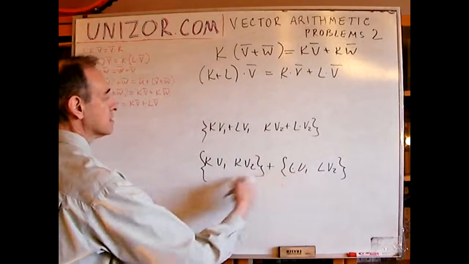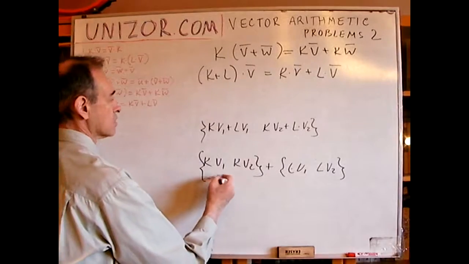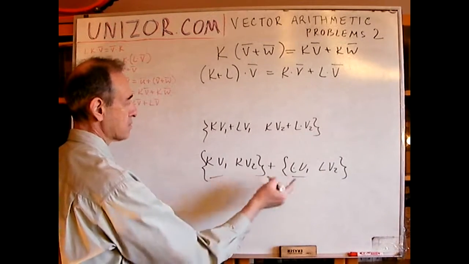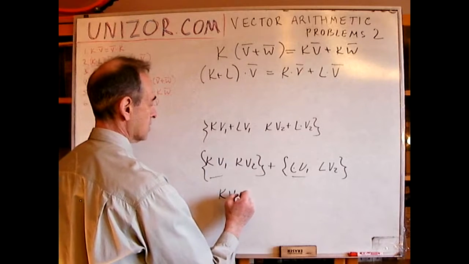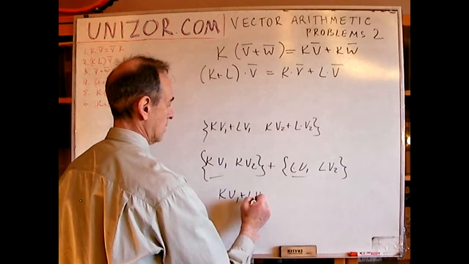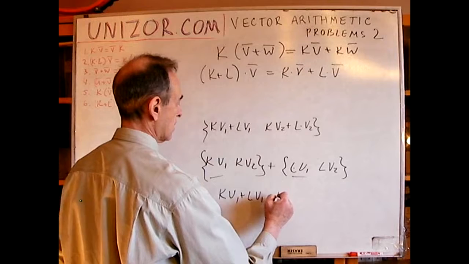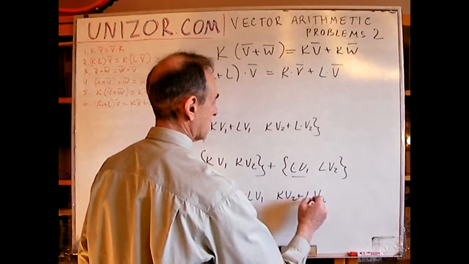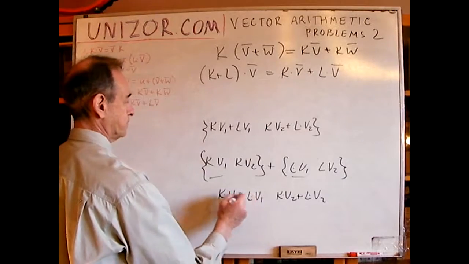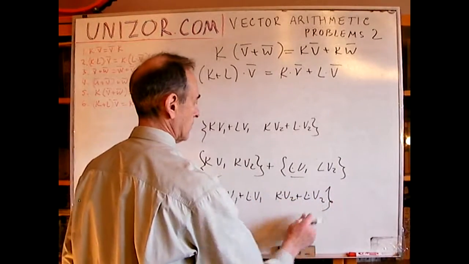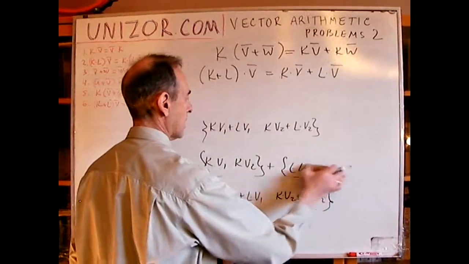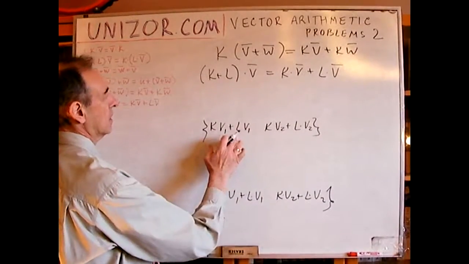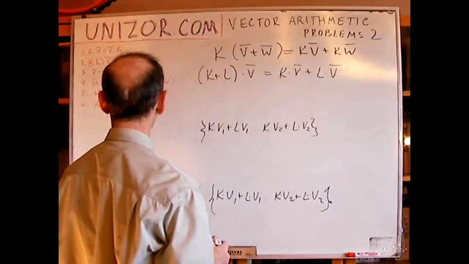And when we add these two vectors in tuple representation, their coordinates are correspondingly added together. So I will have this. That's the first coordinate, and this is the second coordinate. So that's my right side. And as you see, it's exactly the same as the left side.